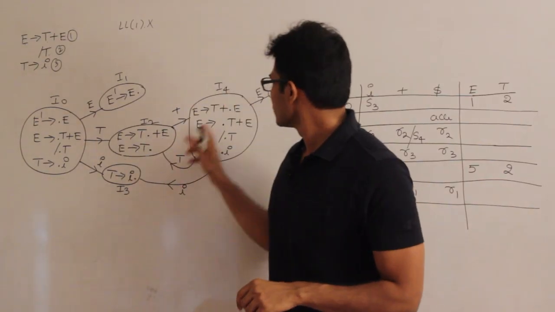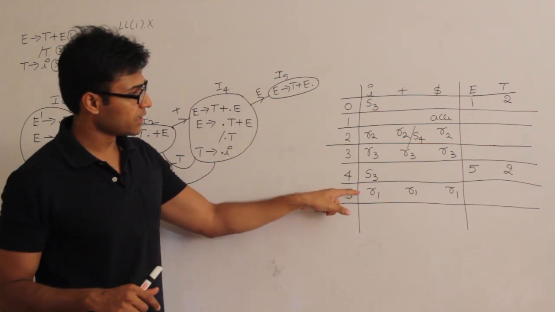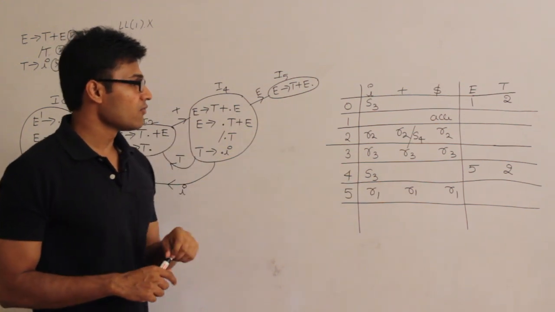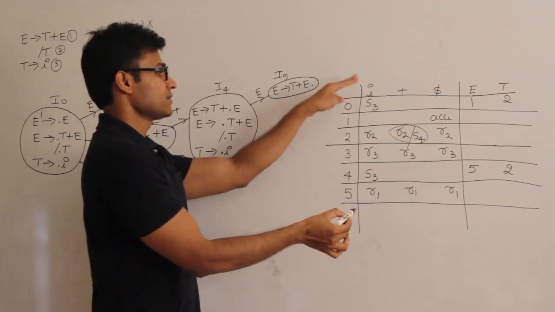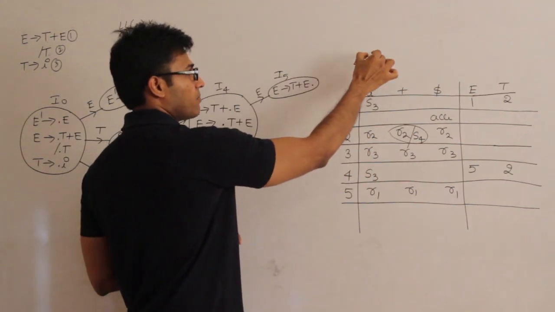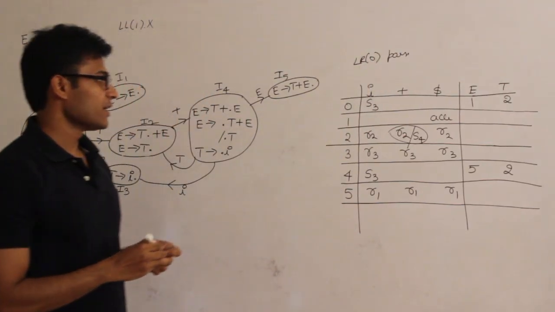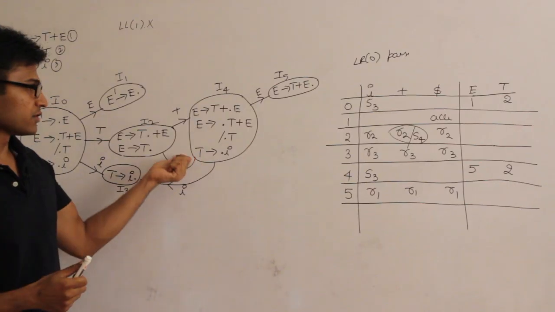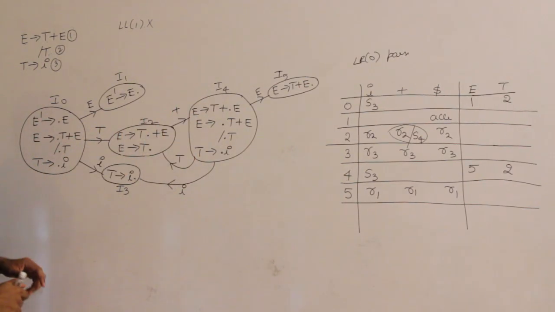In I5, again there is a final item, therefore I am going to put the reduce move in the complete row. Now where did the conflict arise? The conflict arises here, and this table is the LR0 parsing table. You need not actually construct the parsing table to show that the grammar is not LR0. Here itself we can stop and say that since there is an SR conflict, the grammar is not LR0.